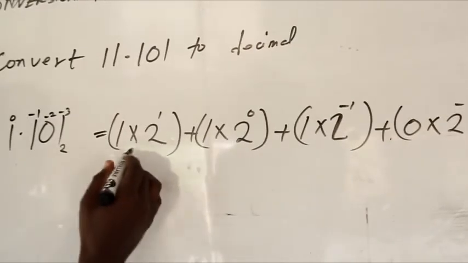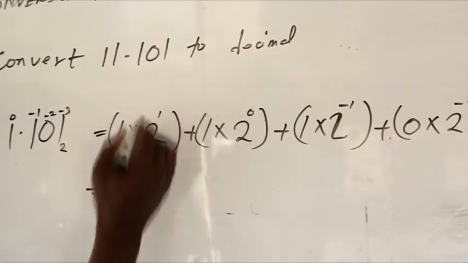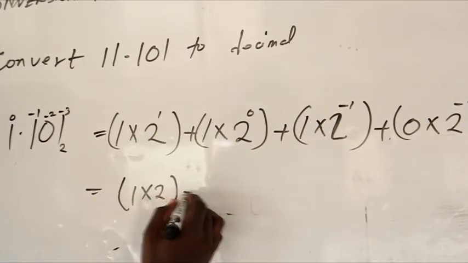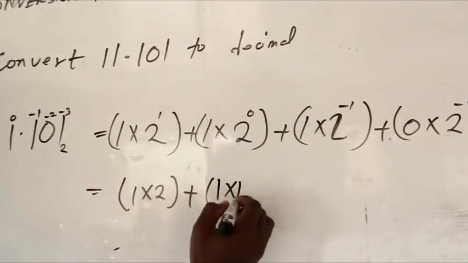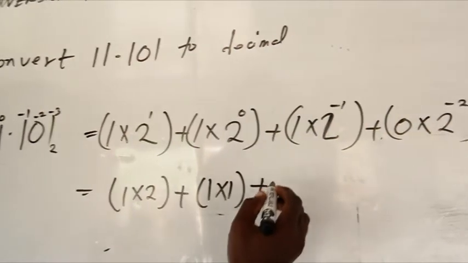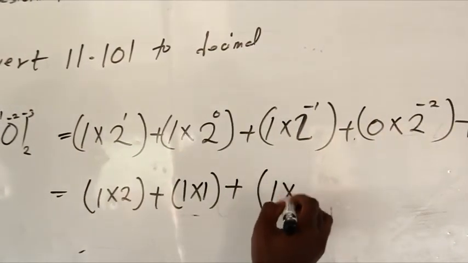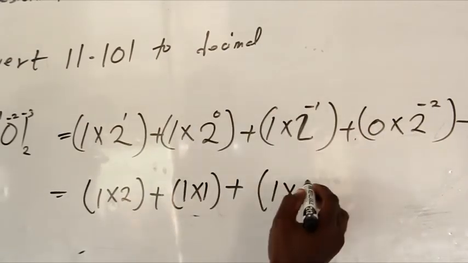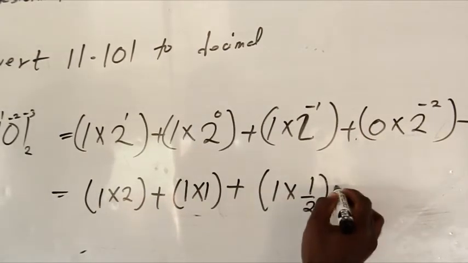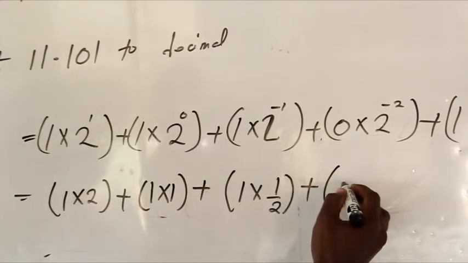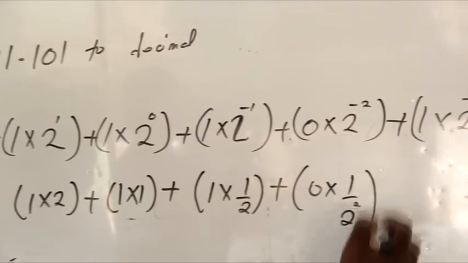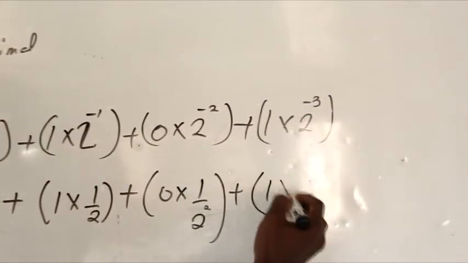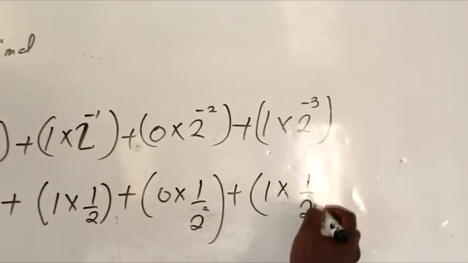Progress. 1 times 2 raised to the power of 1 is 2, plus 1 times 2 raised to the power of 0 is 1, plus 1 times 2 raised to the power of minus 1, this is going to be 1 upon 2, plus 0 times 1 upon 2 raised to the power of 2, plus 1 times 1 upon 2 raised to the power of 3. Okay, we progress.